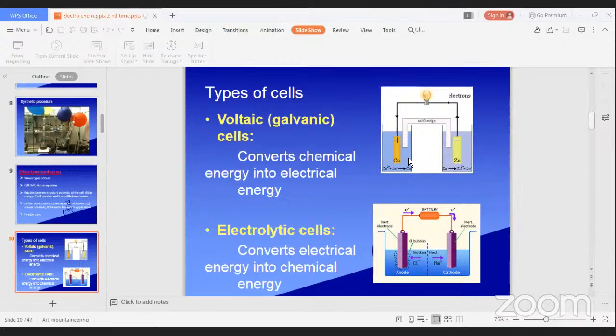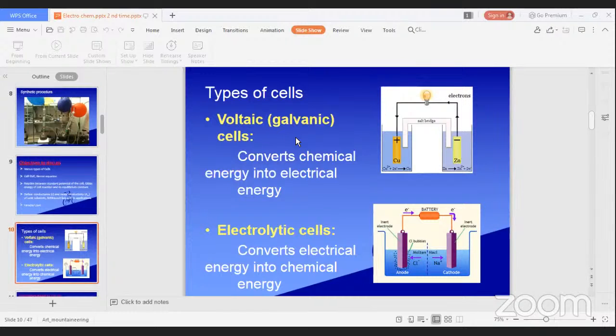We are using zinc here and copper here, two different electrodes. Copper sulfate is used with copper, and zinc sulfate with zinc. By using these two, a chemical reaction happens to produce electricity. Here is the bulb. So this is one type of cell, called the voltaic cell or galvanic cell.